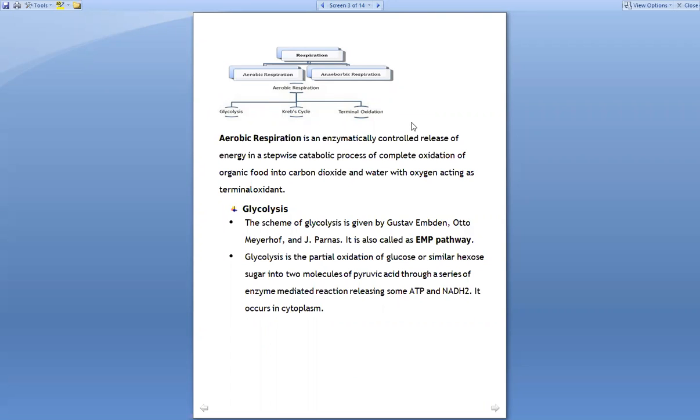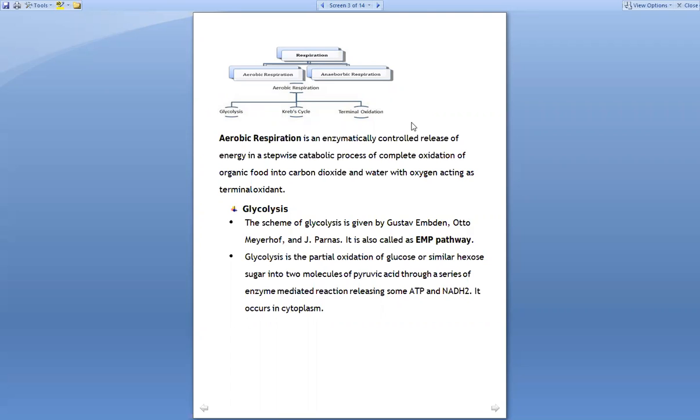And this oxidation or breakdown of the organic food occurs in the presence of oxygen, right? For this reason, this type of respiration is known as aerobic respiration.